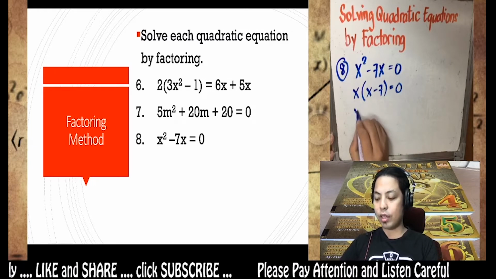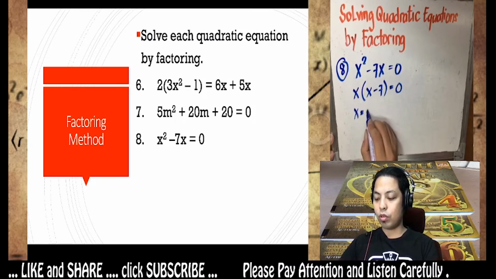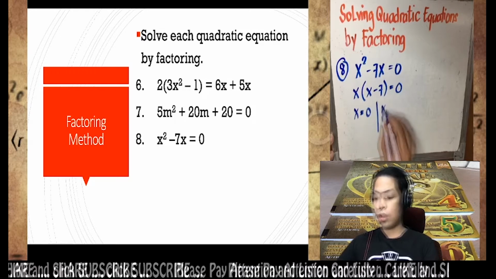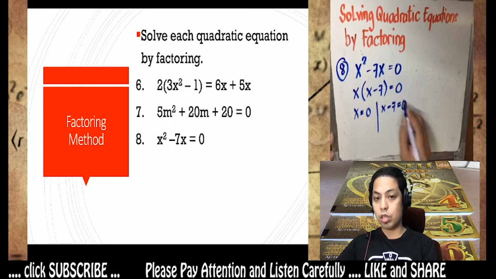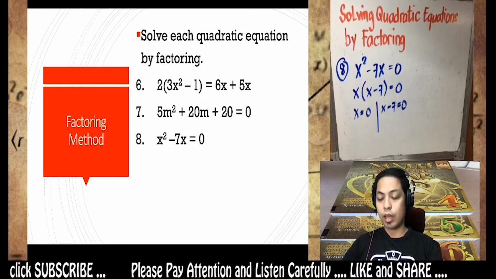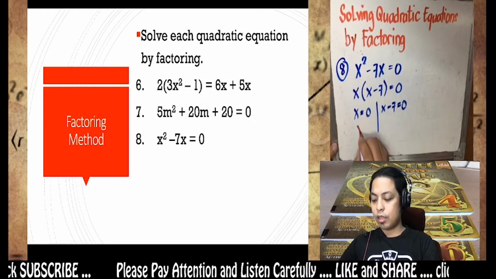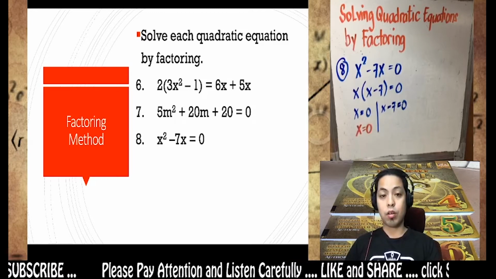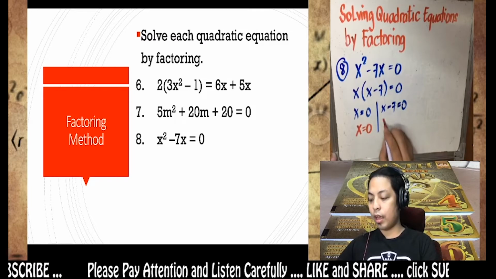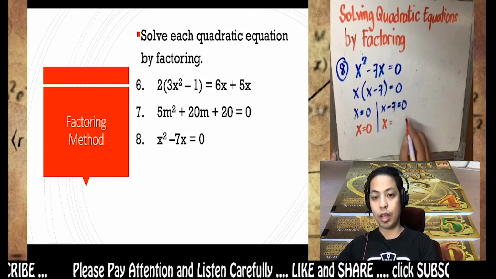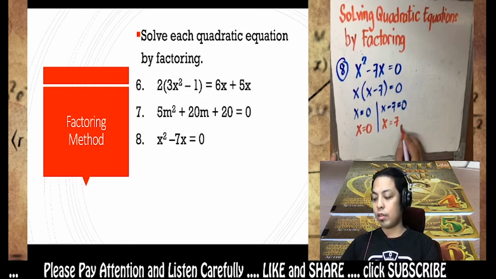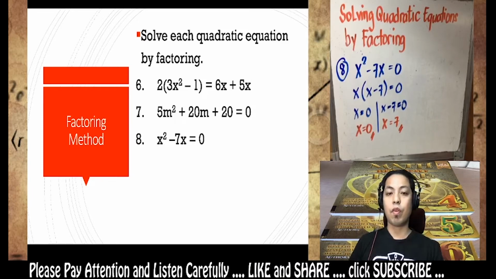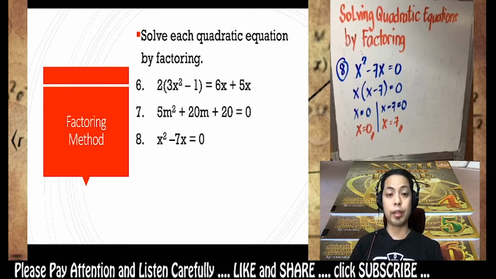So we have x is equal to 0. X minus 7 is equal to 0. So yung isang answer na natin, x is equal to 0. Yung isa naman, x is equal to, lipat lang si negative 7 sa kabila, positive 7. So these are your answers for number 8.